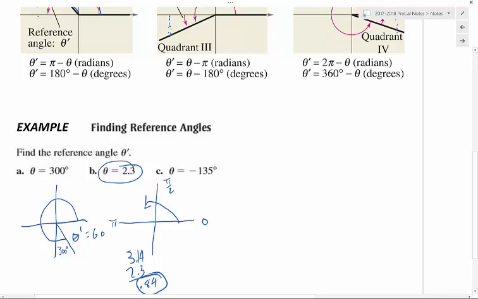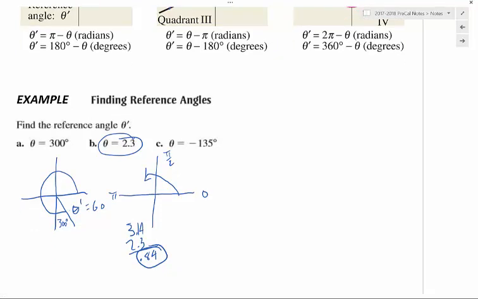So basically what I did is I figured out what quadrant it's in, and then I just subtract away what I need to subtract to find that little portion. In this case, the entire straight line is 180 degrees. I found this is theta prime, and it's 0.84 radians.